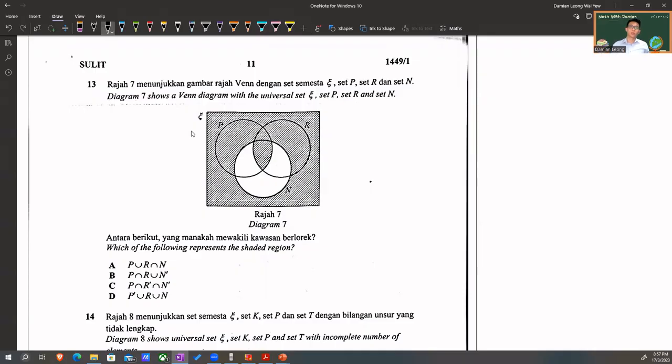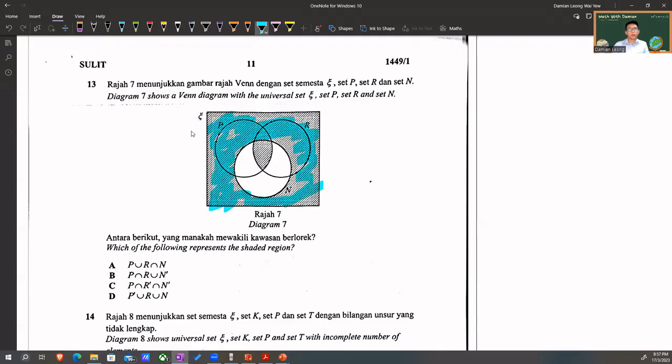So it concerns your N. We definitely want outside of N. So outside of N, N complement, is basically all this.